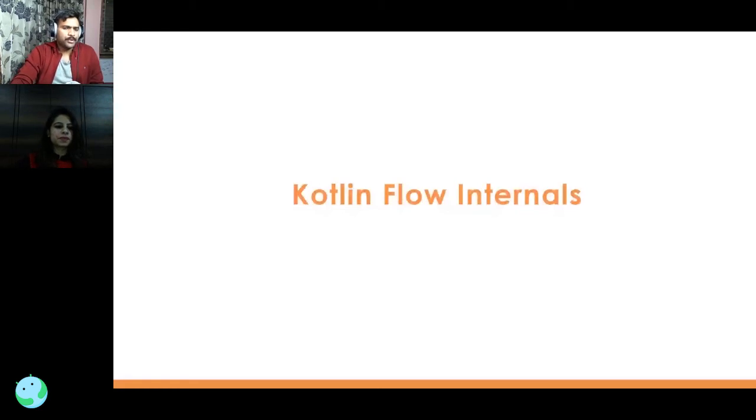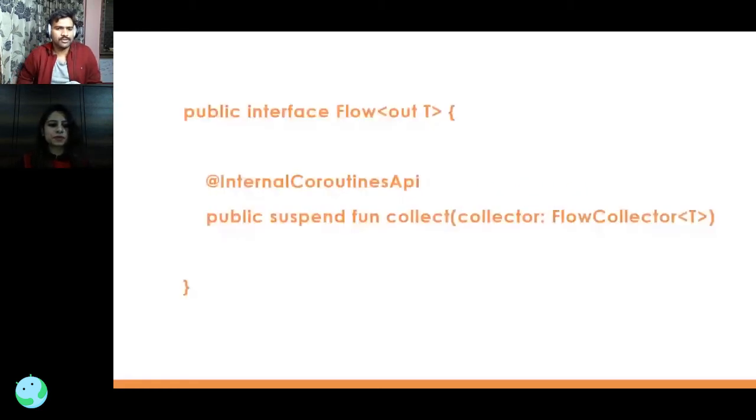Kotlin Flow is pretty simple, I have to say. This is the interface of Flow, which is a generic type. Notice here that you have a collect suspend function, correct? And inside that you have something called FlowCollector. So first we have a function which is already suspended, called collect.